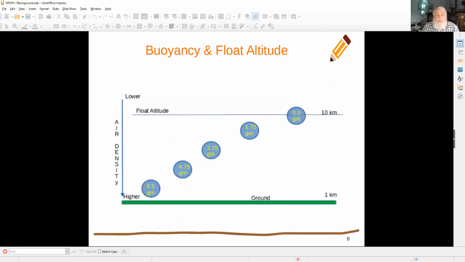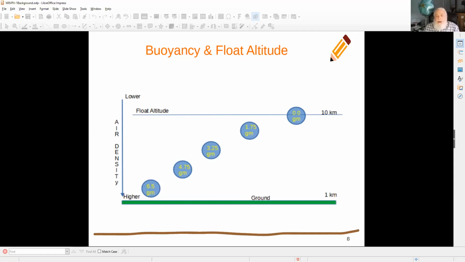Now, the reason why you want to have such a small lifting weight is that you want the balloon to go up, and as it goes up, the air density drops, and so the neck lift actually drops off. At ground, we were at about 0.3 kilometers or something like that.